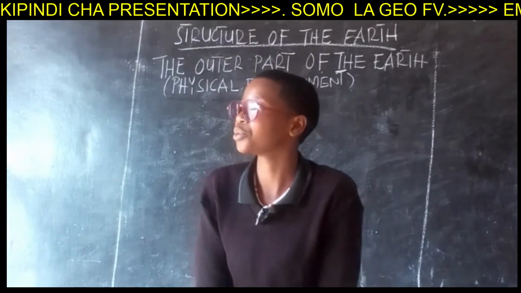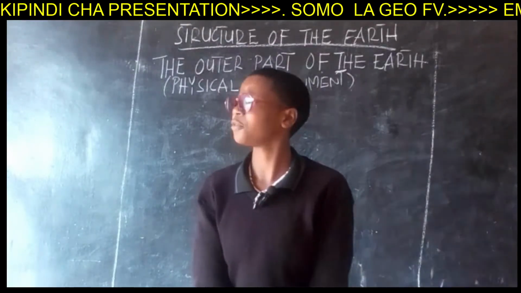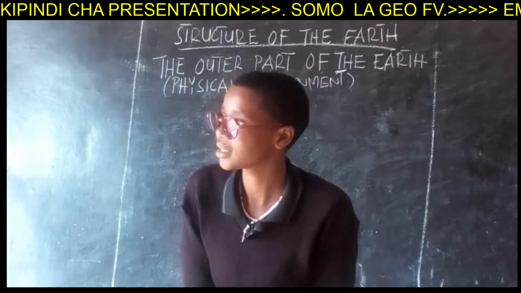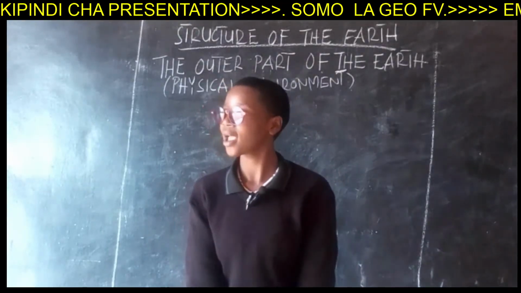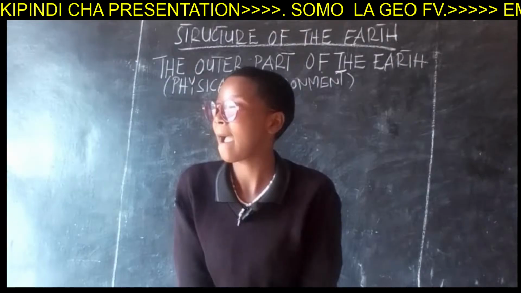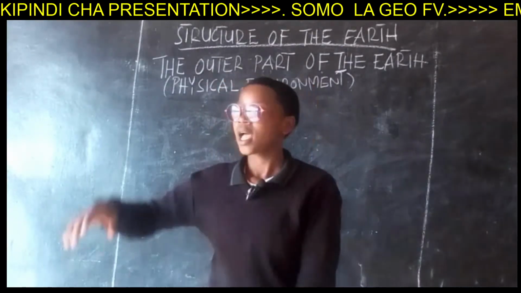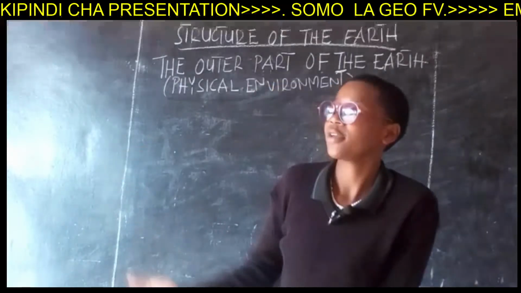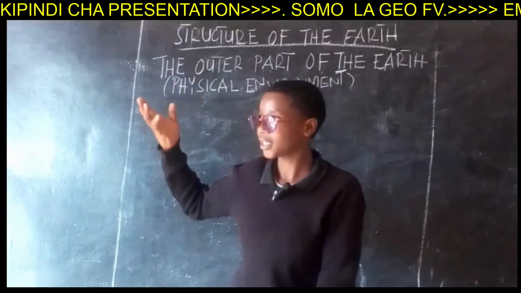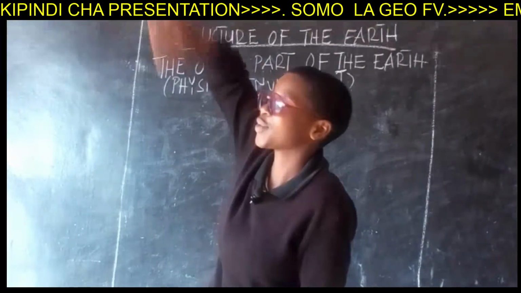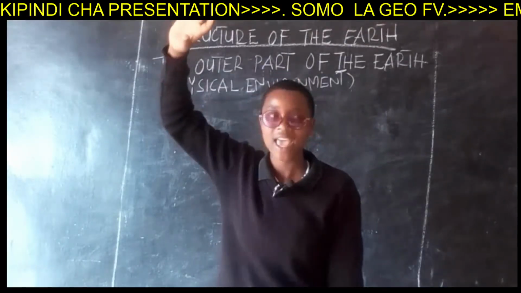Example, for the ocean, if the sun rises in the morning, the water evaporates and goes to the atmosphere.